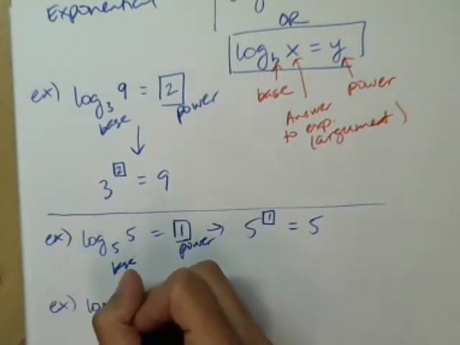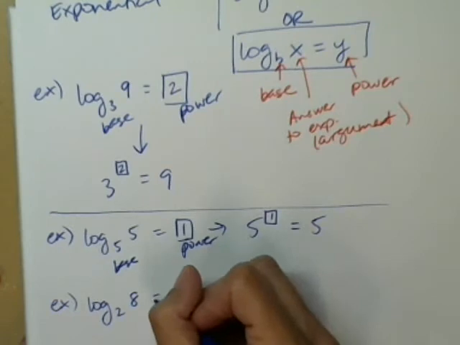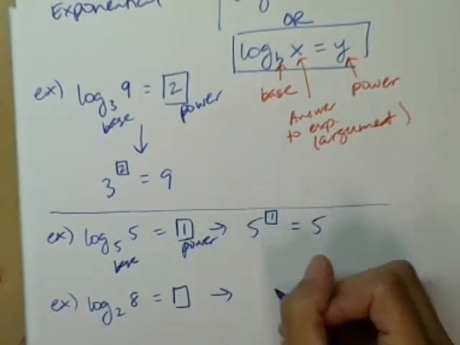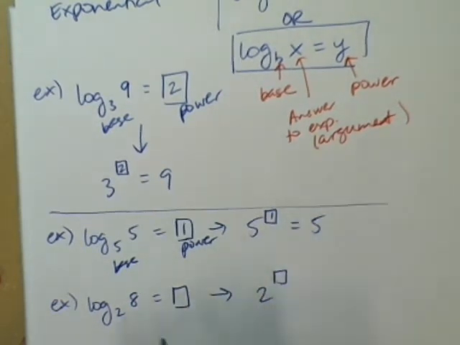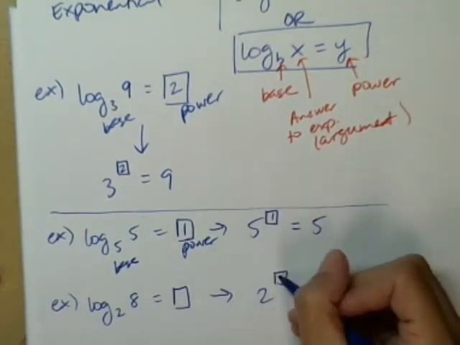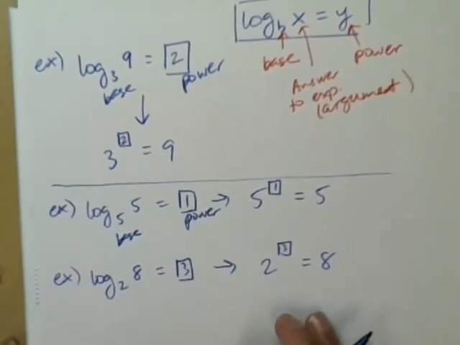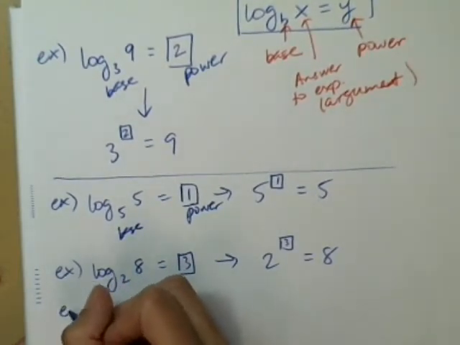Let's do log base 2 of 8. Well, I know that this is equal to some power such that my base 2 to that power is equal to 8. So we need 3.